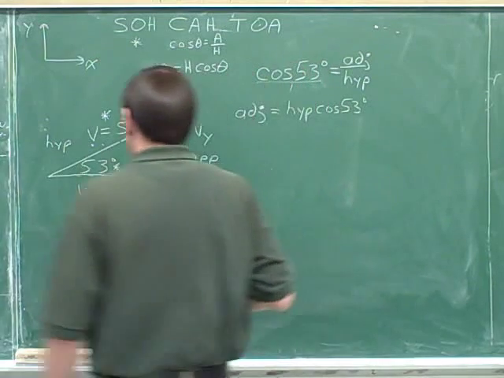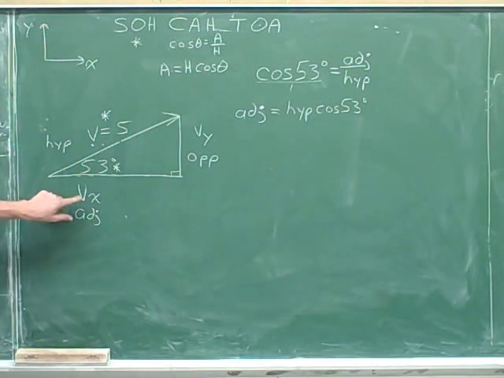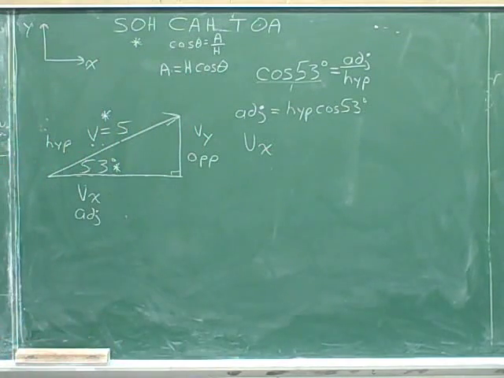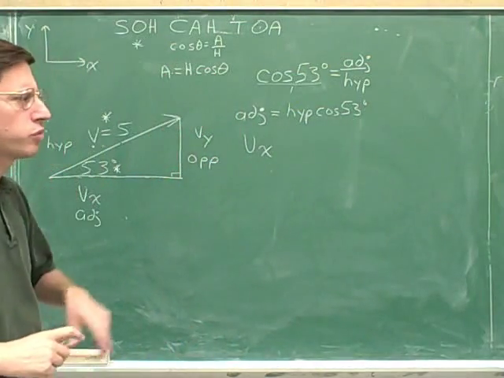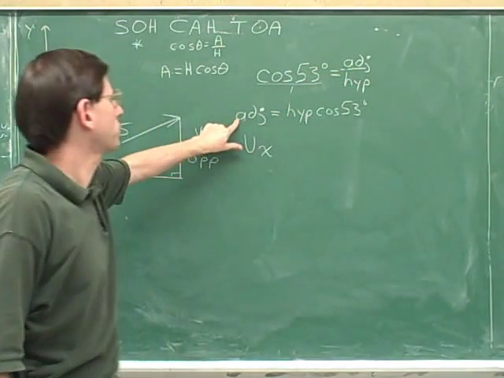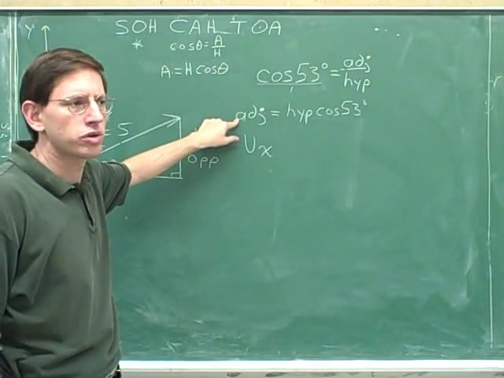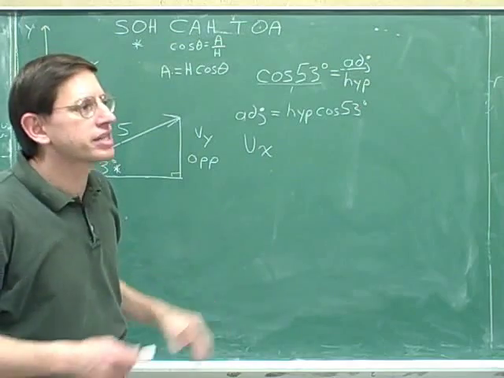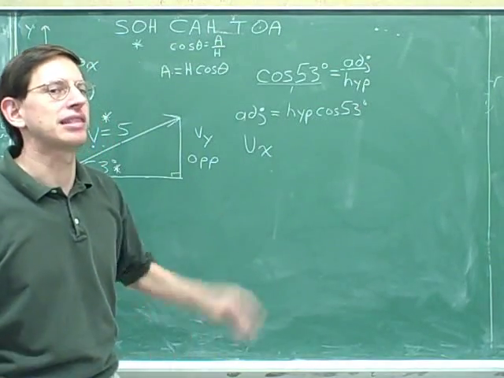Now the adjacent side here is what we're going to call v sub x. All right. However, let's think about this for a second. When we're using trig functions, when we refer to the adjacent side here, are we referring to the signed component or just the magnitude of the component? Well, trigonometry is about geometry. It's about lengths.